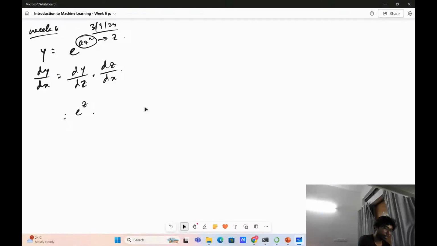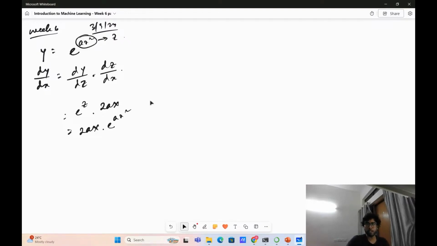Z is ax square, and the derivative of ax square is 2ax, right? So the derivative becomes 2ax times e to the power of ax square. So this is a simple example of chain rule.